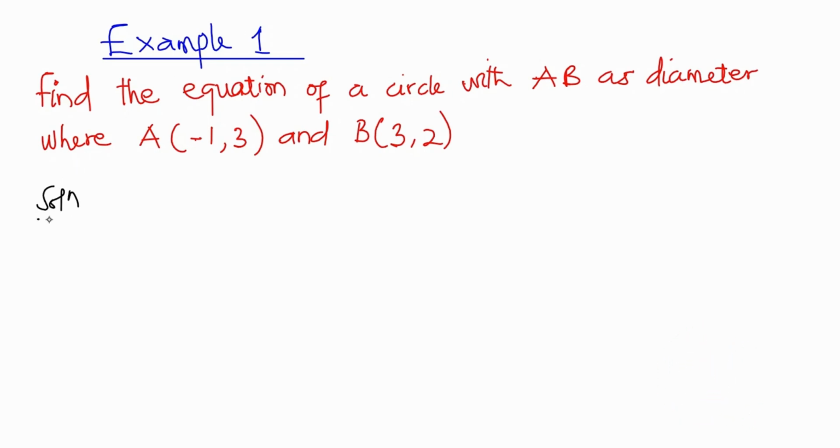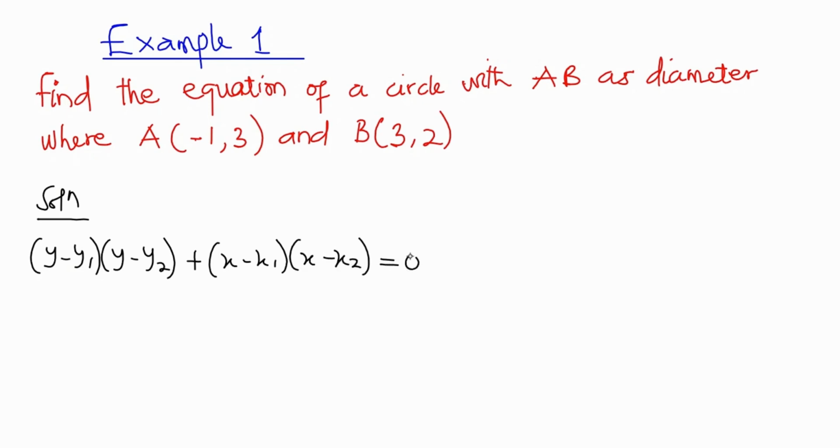Solution: from the formula that we just proved, given the ends of the diameter, to find the equation of a circle, the formula is y minus y1 multiplied by y minus y2, plus x minus x1 multiplied by x minus x2, equal to 0.